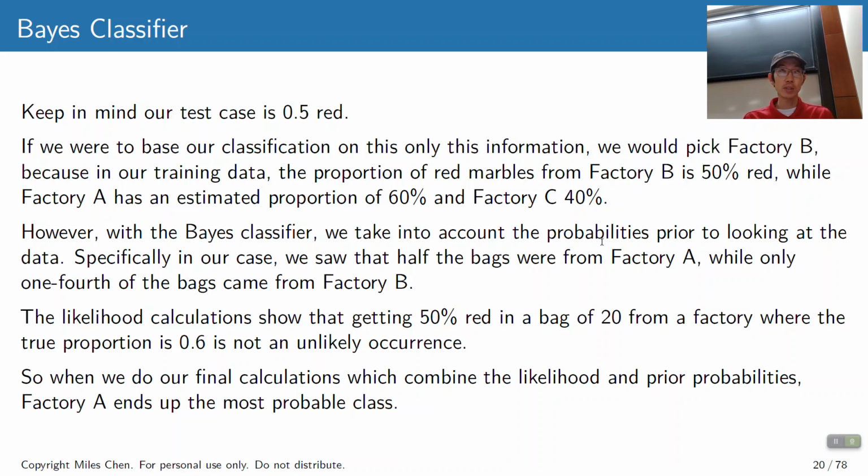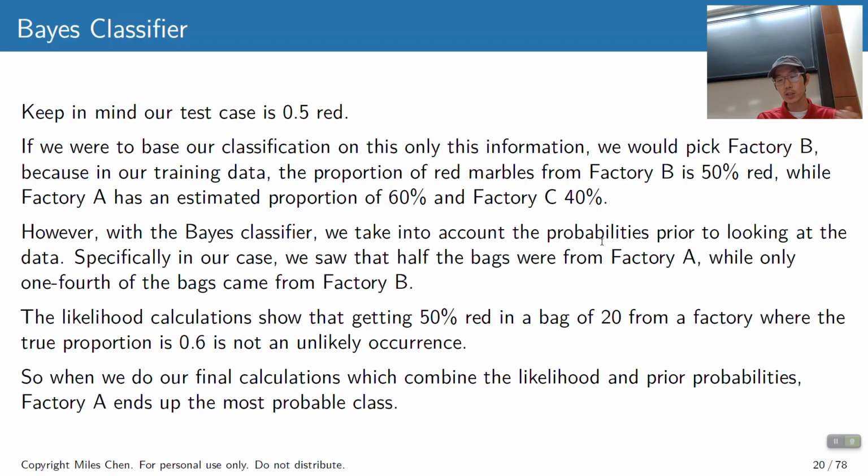If we only used what we saw in our data, we would have said factory B is the most likely, because factory B is 50% red. But with the Bayes classifier, we also take into account the prior probabilities, saying that before I even looked at the data, I know factory A produces the most bags. When we combine those two, we get some balance in between.